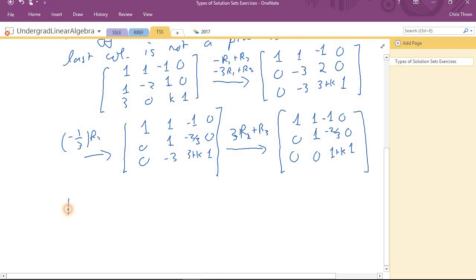So if 1 plus k is equal to 0, then the last column is a pivot column. And there's no solution.